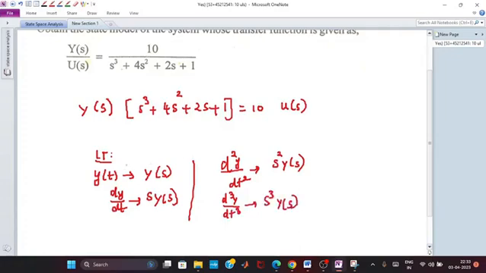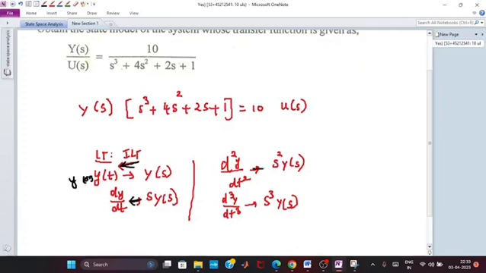If anyone asks you to find the inverse, ILT means inverse Laplace transform, right? The inverse Laplace transform of Y(s) is y of t, or simply y. The inverse Laplace transform of s into Y(s) is dy by dt.